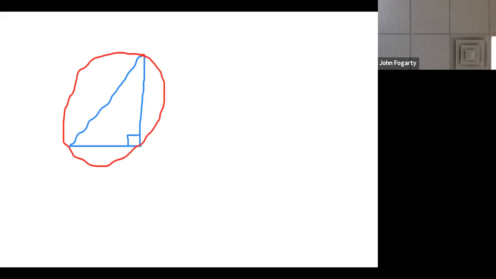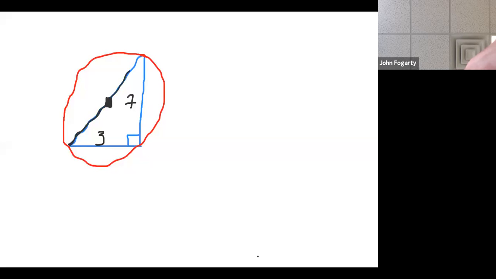Fogarty's not a great artist, but what the hell, right? And here's what I know. It's a right triangle, and its legs are 3 and 7, right? Find the exact circumference. This is the middle of the circle, by the way.